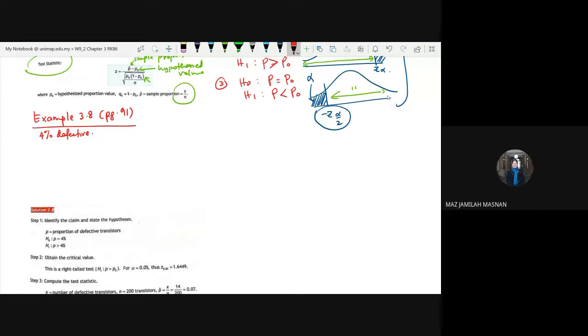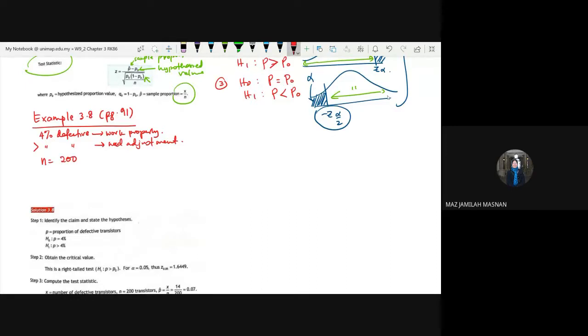Whenever the machine produces more than 4% defective, then the machine needs adjustment. The quality control department takes a sample of 200, so n is 200.